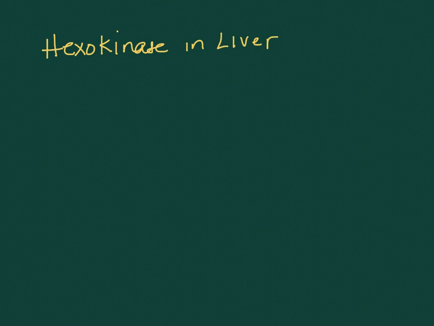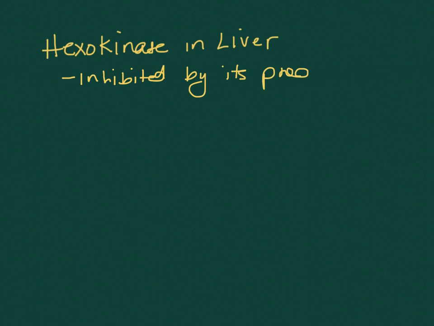All right, now let's look at hexokinase in the liver. Hexokinase in the liver is controlled as it is in the muscle. So it's inhibited by its product, glucose 6-phosphate.